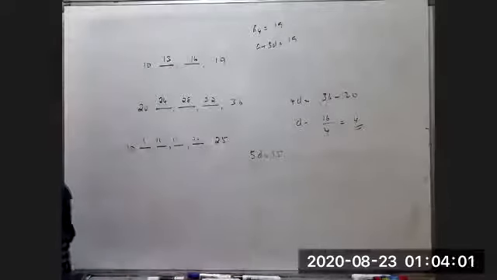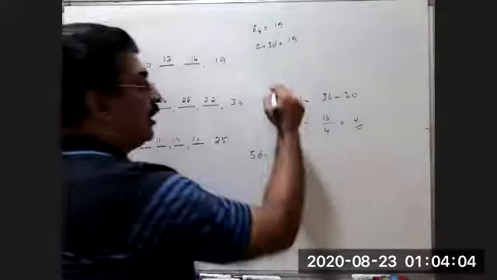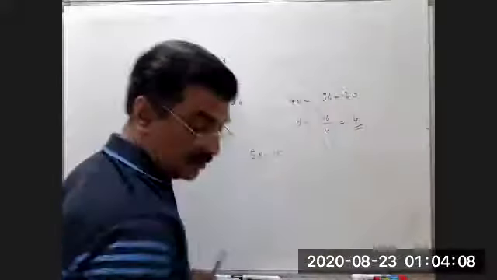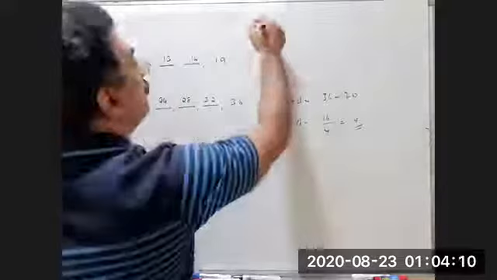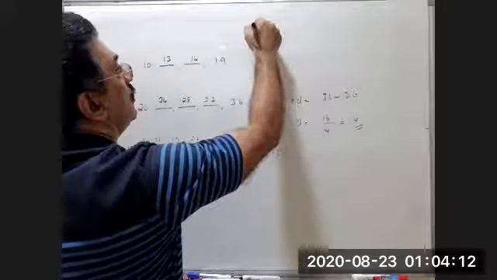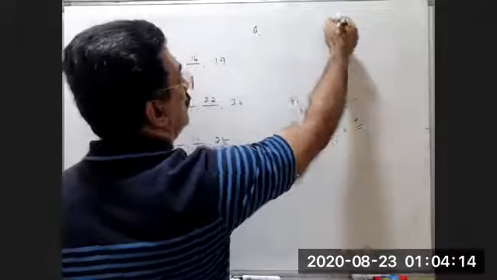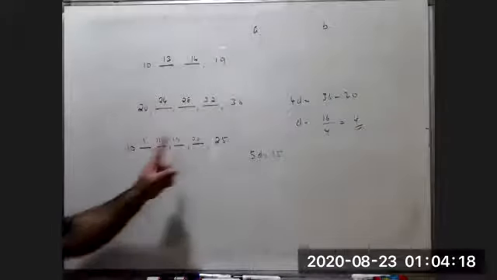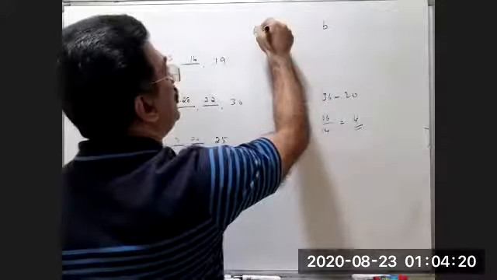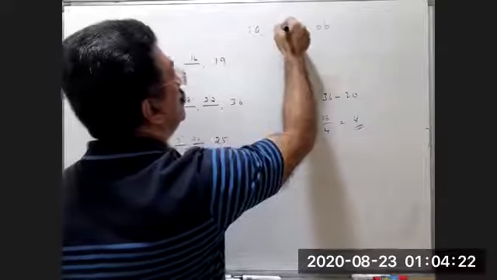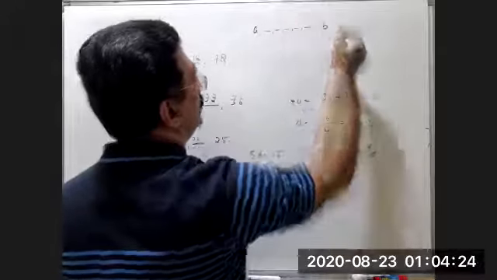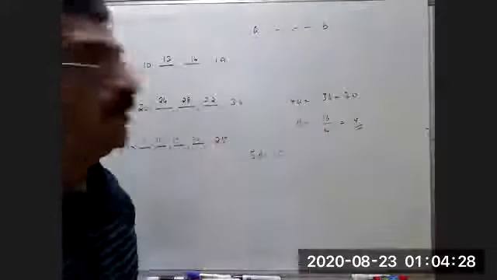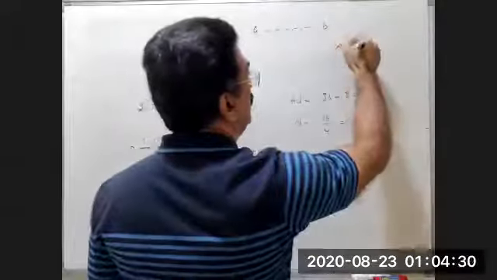If so, I have two numbers, A and B. If I have to insert 5 numbers in between, what will be d?